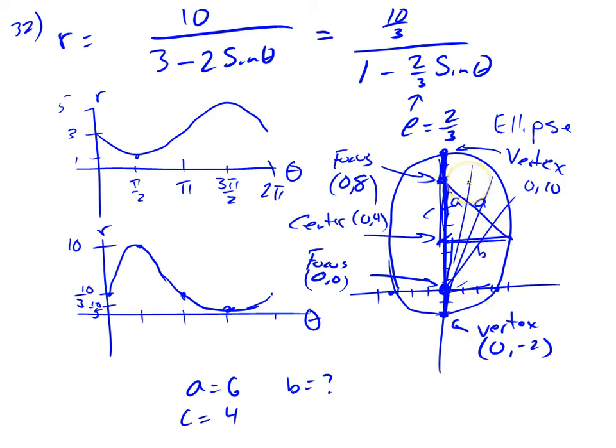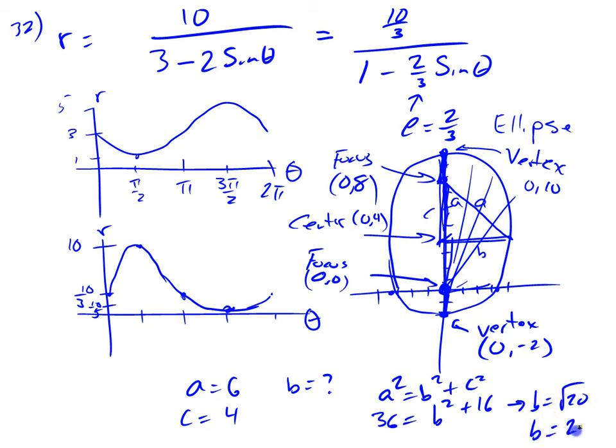So anyway, I know that a squared equals b squared plus c squared. So I've got a is 6, 36 equals b squared plus c squared, which is 16, which tells me that b is the square root of 20, which is 4 times 5, yeah, so 2 times the square root of 5.